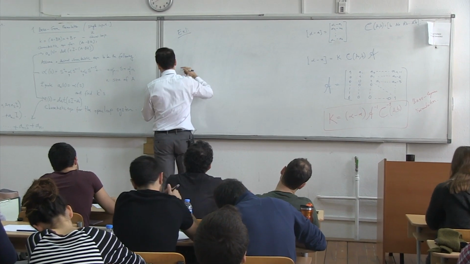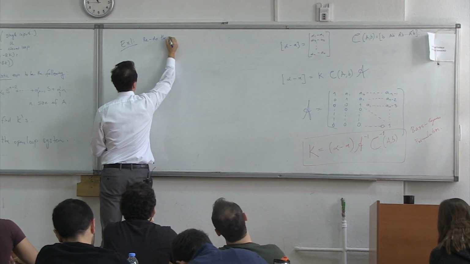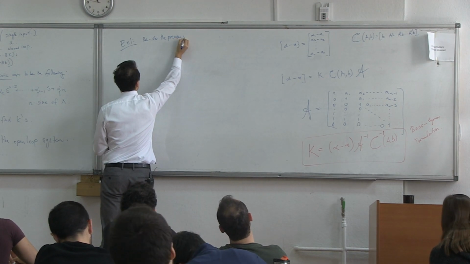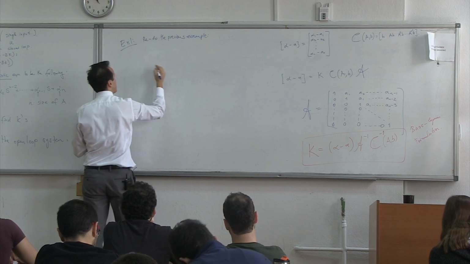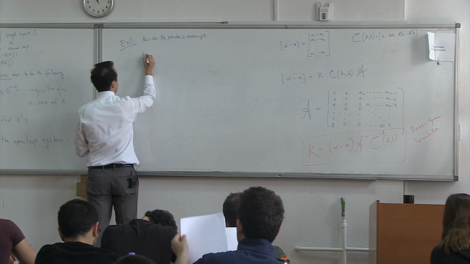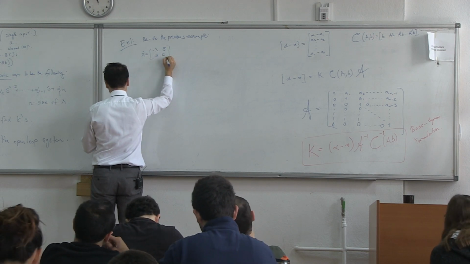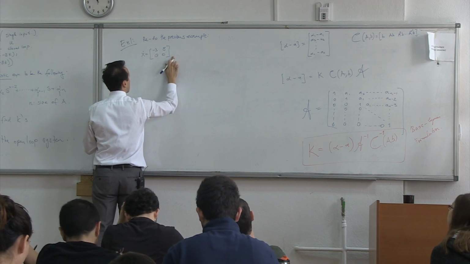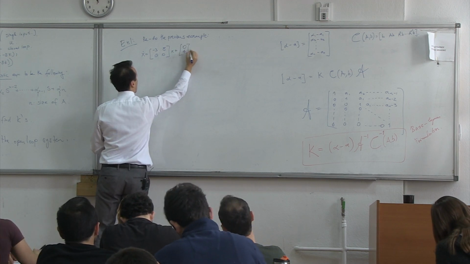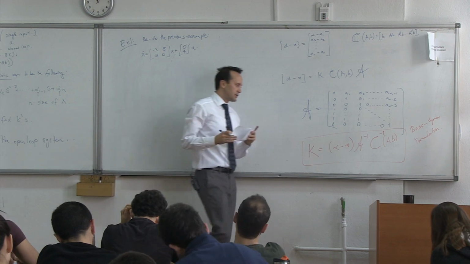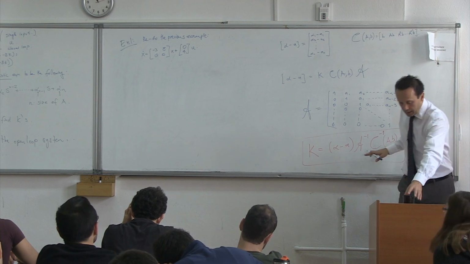Example 1, redo the previous example. In fact, the previous example was something like that. X dot is equal to A x plus 0, 4, u. It was a single input system, right? The Bass-Gura formulation that we have obtained is for a single input system.